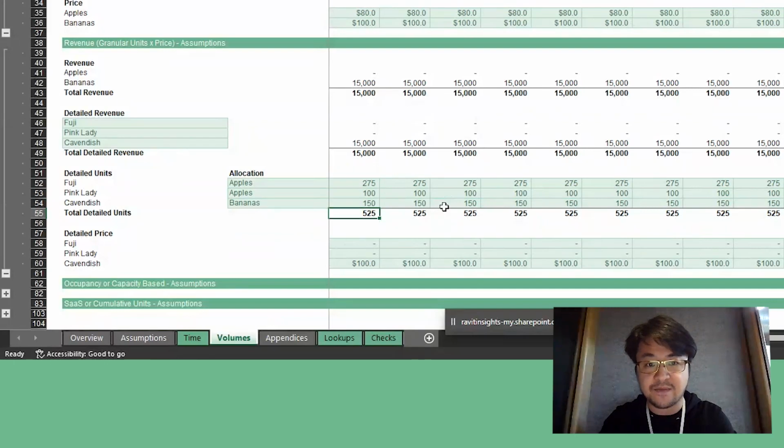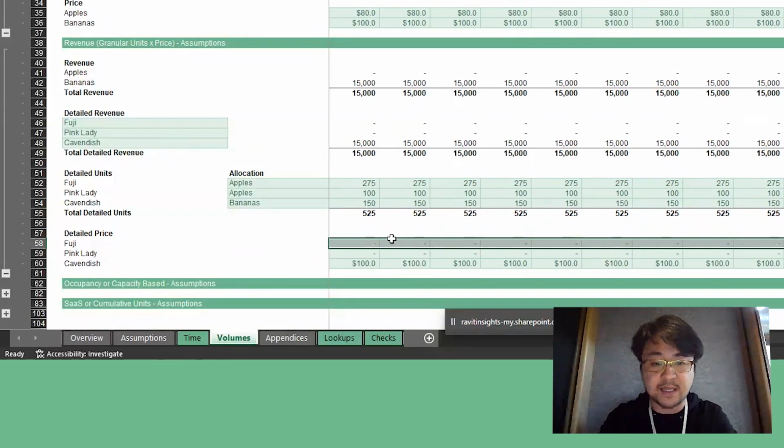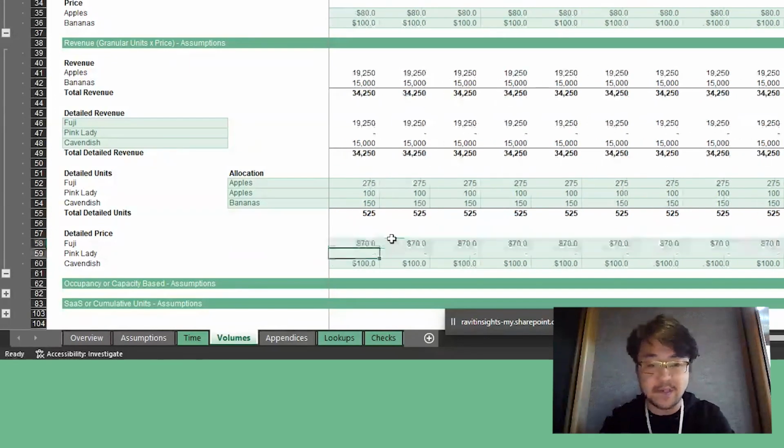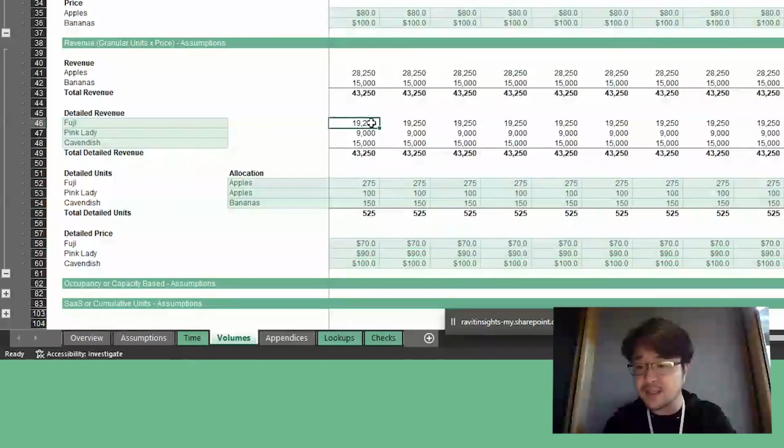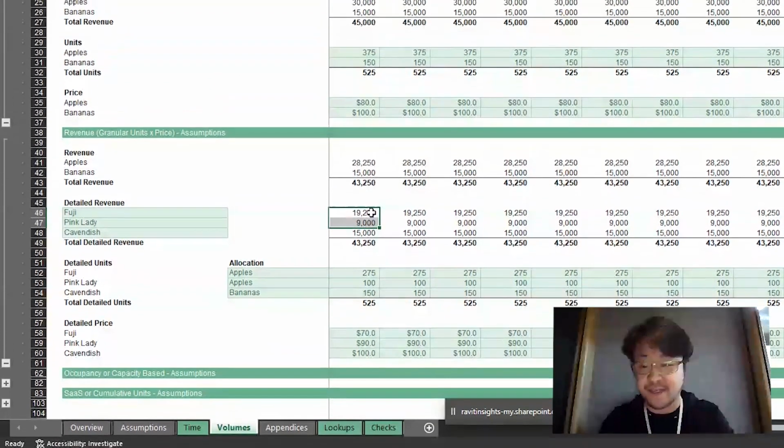So we get to the same 525 units overall, but we're now saying that we have 275 apples that are Fuji's, 100 apples that are Pink Ladies. And we might price these at, to get to the same 80, let's just go at 70. And if we go 90 here, now it doesn't get us to the same number. I'm not going to work out the exact dollar figure.